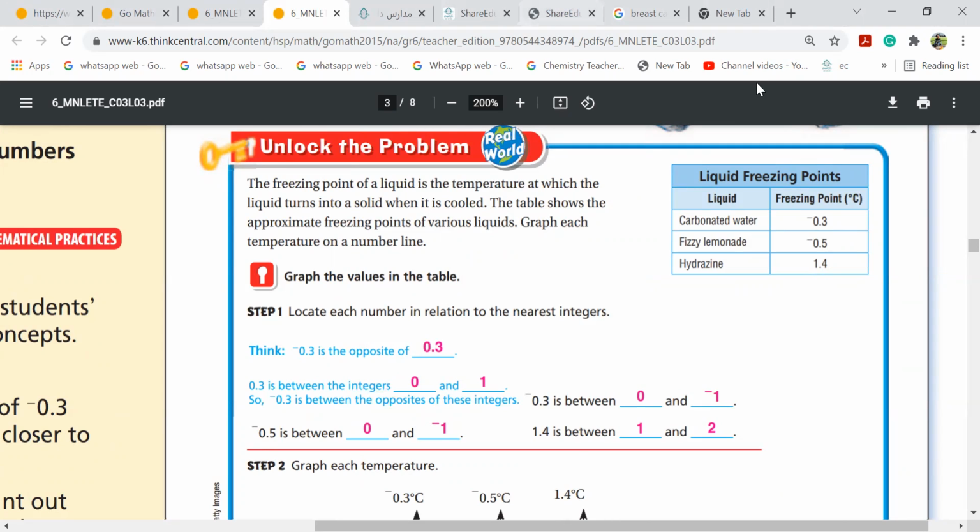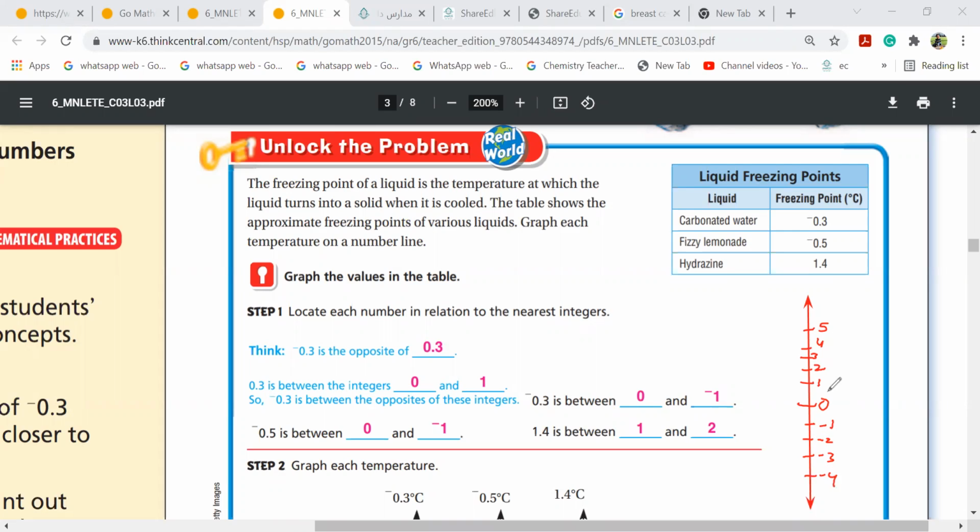Girls, if you don't know, stop me. Do you know the number line? Did you ever see the number line? What do you think, Tala? Up, is it positive or negative? If it goes up like this, it is positive. If you go down, it is negative. Will you remember this from today?